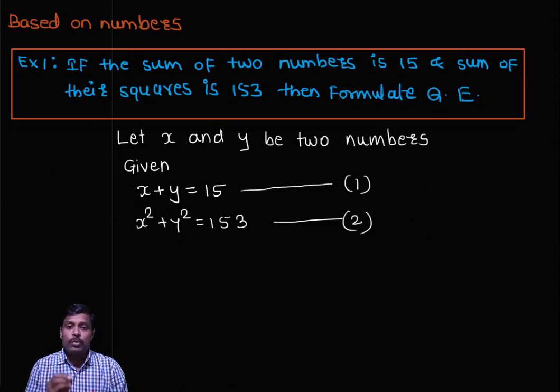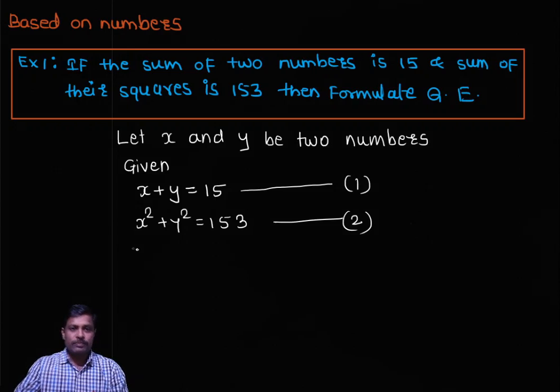For that, first go to equation number 1, find the value of x in terms of y and put that value of x in equation 2, and you will get the quadratic equation in terms of another variable, that is y. So now I am writing the quadratic equation in terms of x.